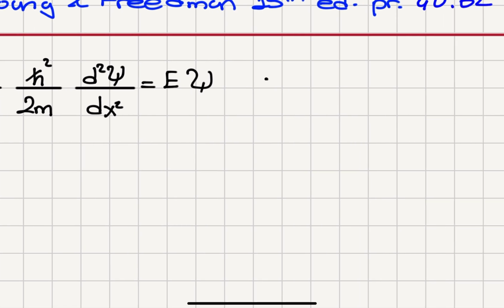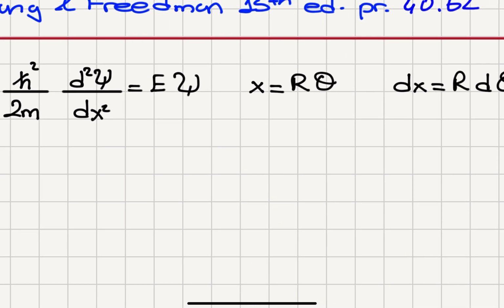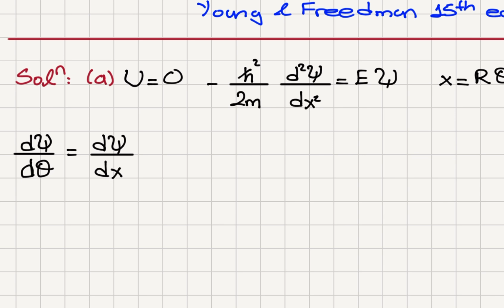And here we're parameterizing it so that x is equal to capital R theta and dx is equal to capital R d theta. All right, now if we write the first derivative of the wave function with respect to theta, d psi d theta, this is equal to the derivative with respect to x and the derivative of x with respect to theta.